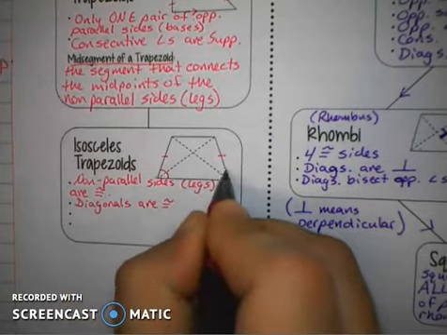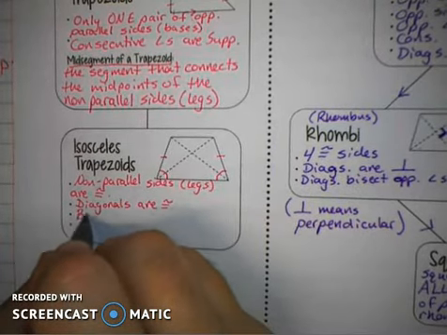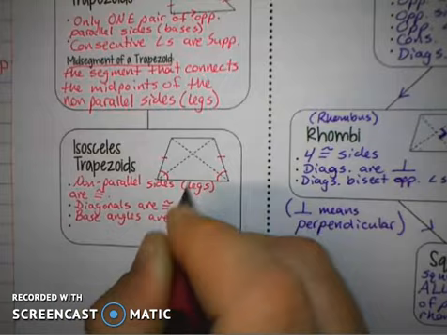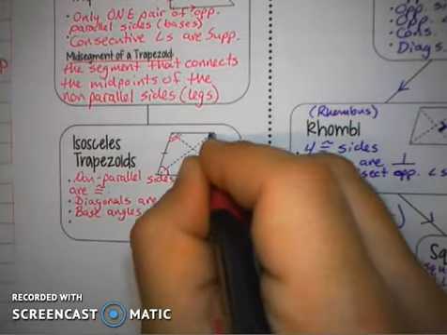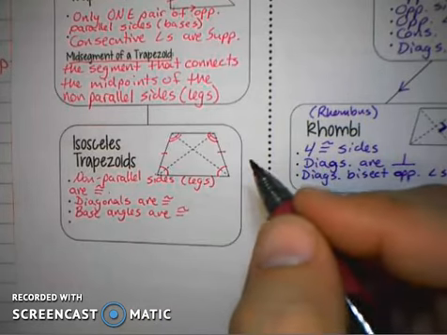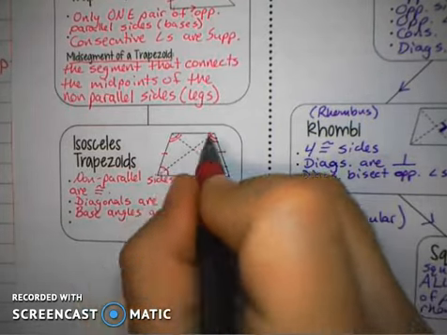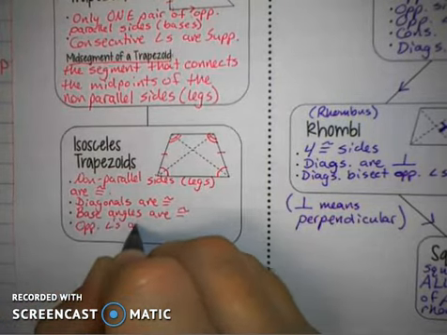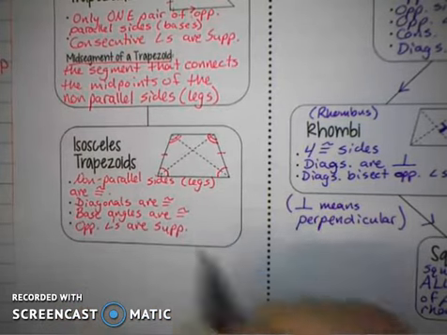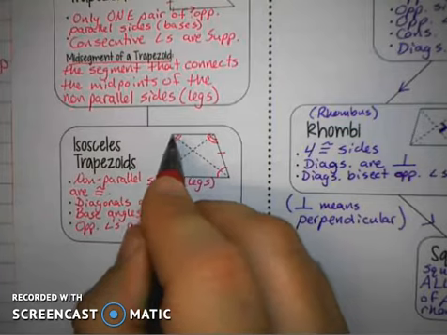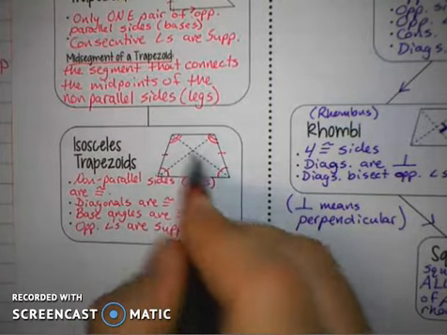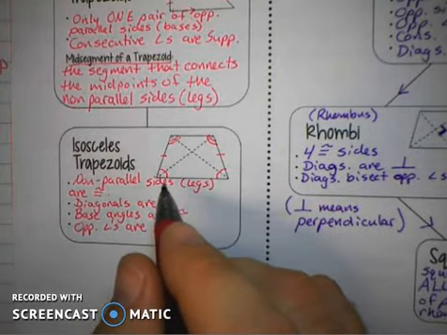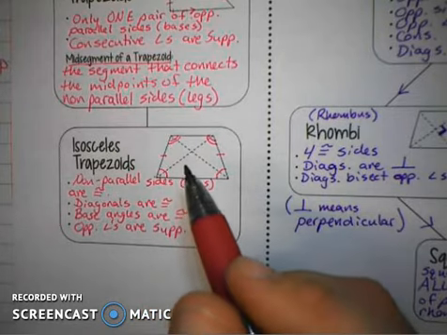The base angles along each base are congruent. So these up at the top base will also be congruent. And then opposite angles end up being supplementary as well. Because the consecutive angles are supplementary and these base angles are congruent, opposite angles are supplementary also. So there's a lot of different things we can do with trapezoids, a lot of problems we can solve with these basic facts.